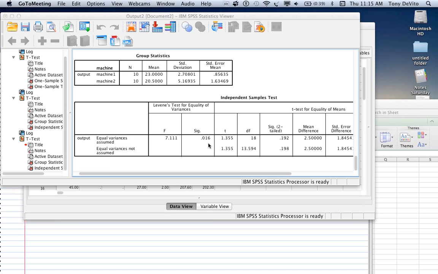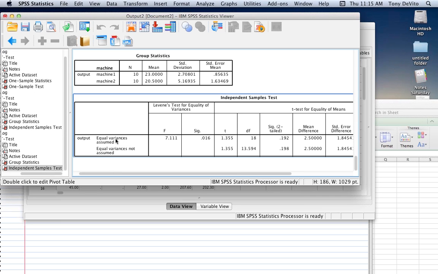Okay, let's see. This significance represents the probability that you would be wrong if you reject the null hypothesis, in other words, that the variances are equal right here. The probability that you would be wrong if you reject that null hypothesis is less than 5%. It's only 0.016, right?